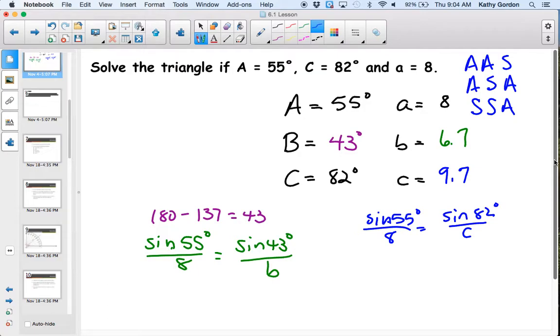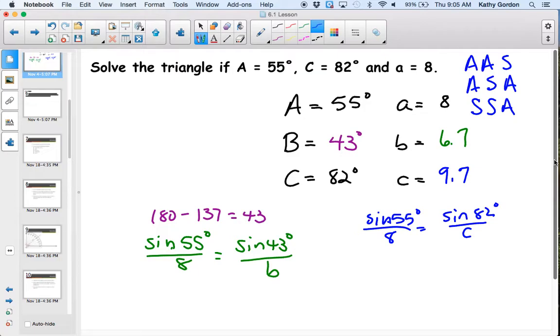And the law of sines is also going to be used to help you solve an SSA triangle, but it doesn't fit quite as nicely. Like AAS and ASA, they're beautiful fits. They're awesome. It's just practically there, hand given to you. Like, here, use law of sines.